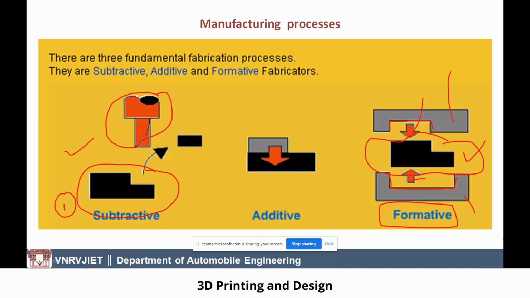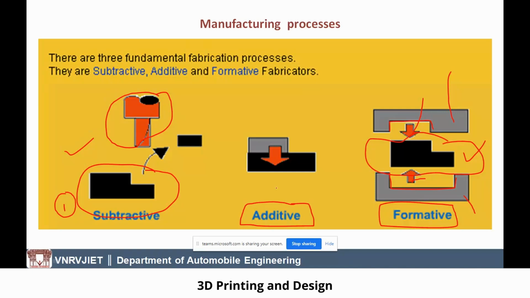Earlier people used these, but now there is another manufacturing process, introduced around 10 to 15 years back, and people are now using it very frequently. That is what we call additive manufacturing or the 3D printing process. In additive manufacturing, neither do we remove the material nor do we change the shape. What we do is add the material layer by layer until we get the required shape.